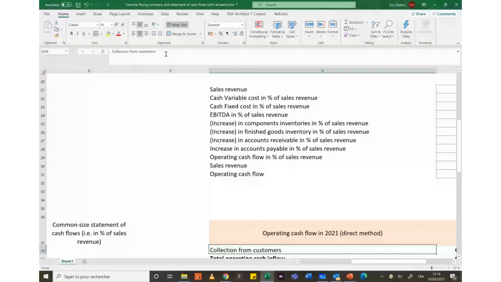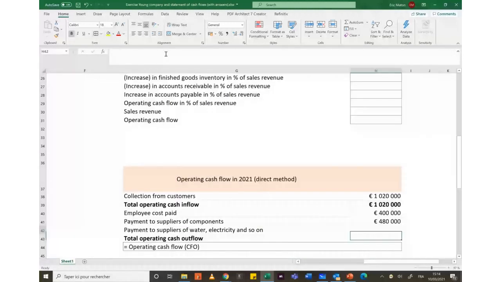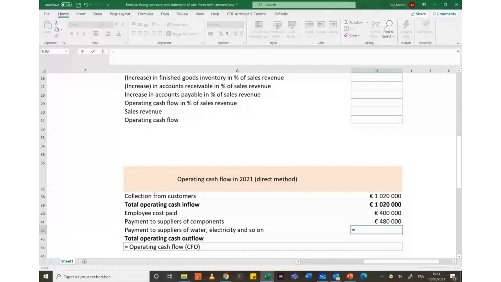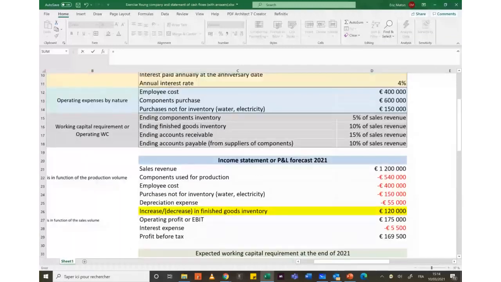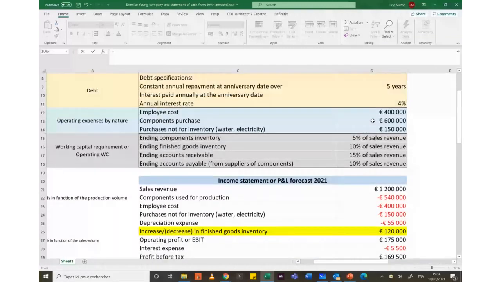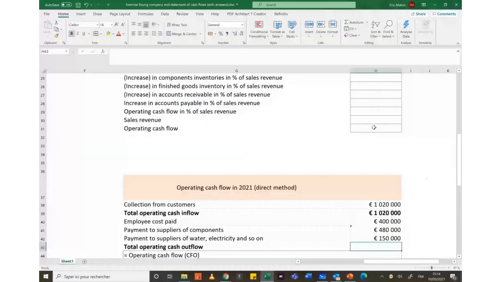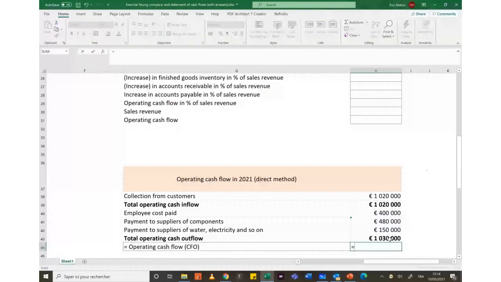Now the payment of suppliers of water, electricity, and the rest. So what I purchase is here, the 150,000. Now I can add all these cash outflows, and I can do cash inflow minus cash outflow.